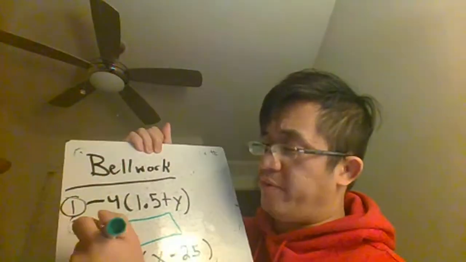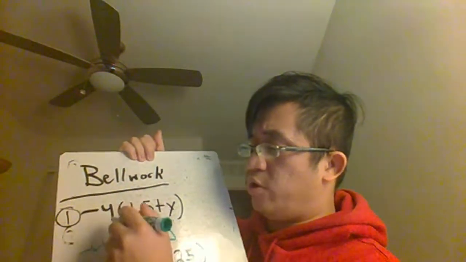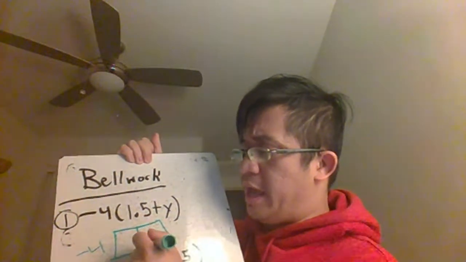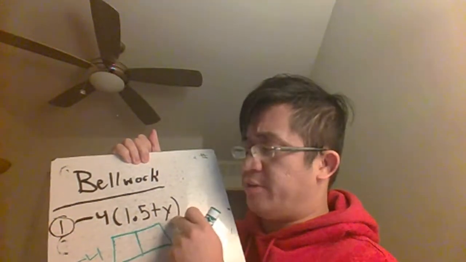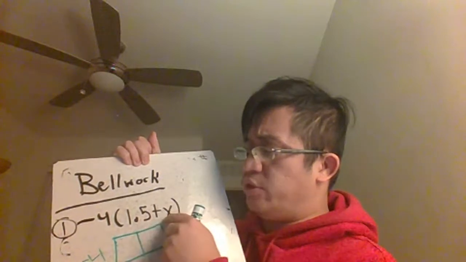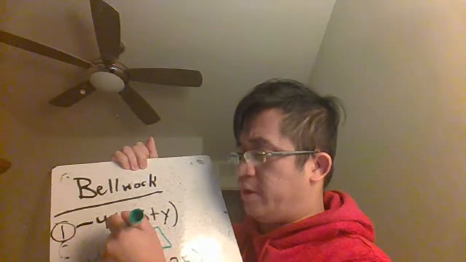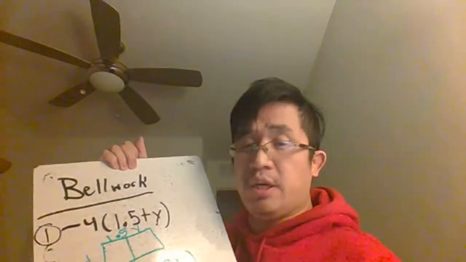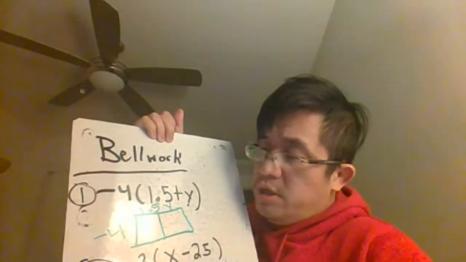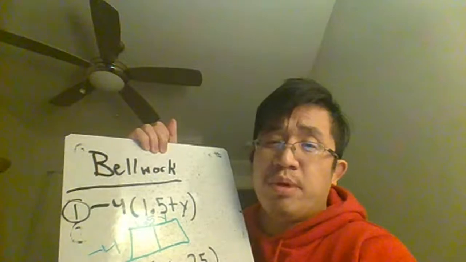Do you guys remember how to do this? It involves drawing the rectangle. The number outside the parentheses is -4 and goes outside your rectangle. How many items do we have inside our parentheses? We've got 2. So we put the y on top and the 1.5 up there. Now you're going to find the area and multiply them together.